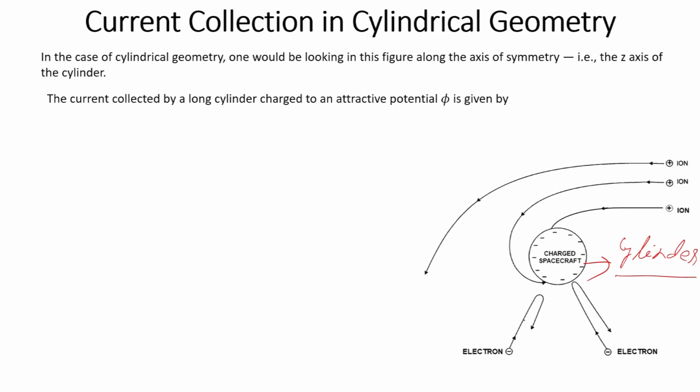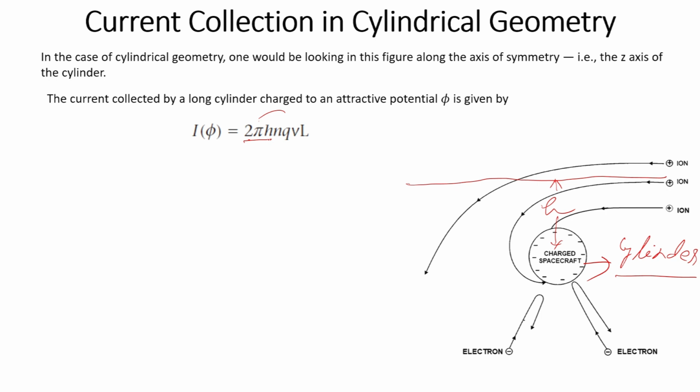The current collected by a cylinder will be given by this. What is this? This is the circumference. Again here you are considering that impact height. Impact height means the maximum height below which the charges will be collected by the spacecraft. So, this is the h I am considering here.